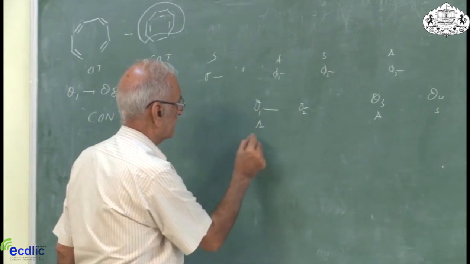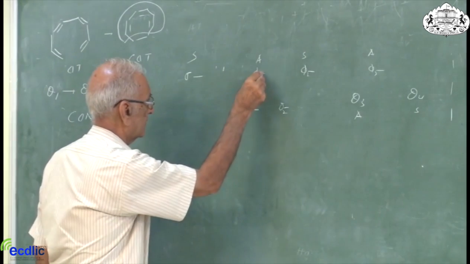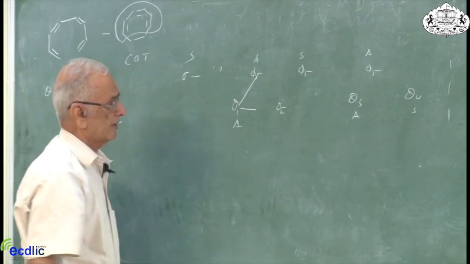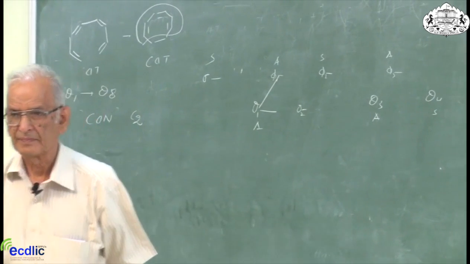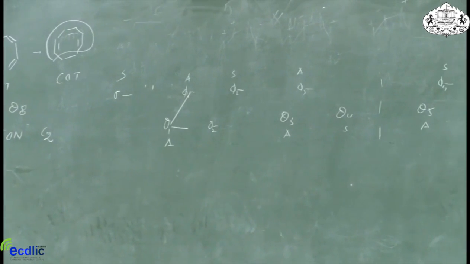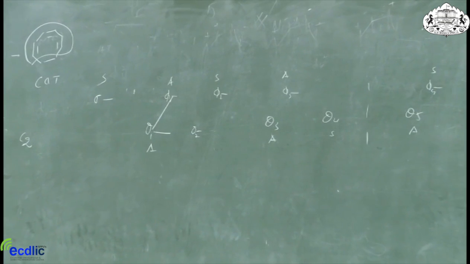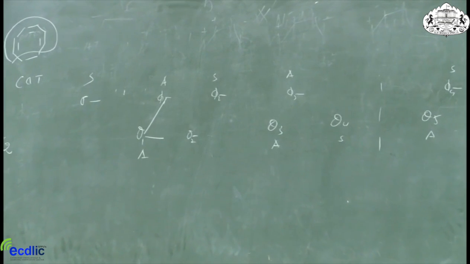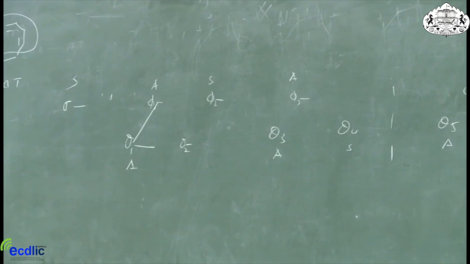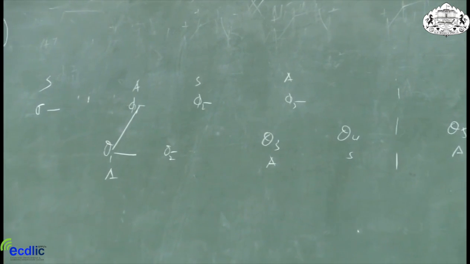Theta 1 is antisymmetric, so it goes up. Here in conrotatory, 1, 3 and 5 will give you anti-bonding. Okay.